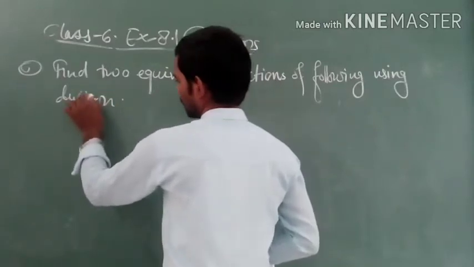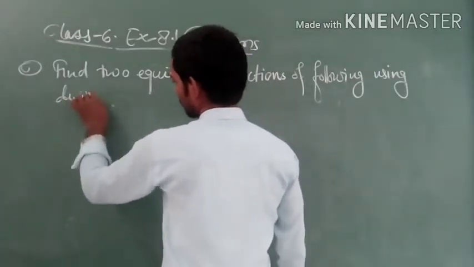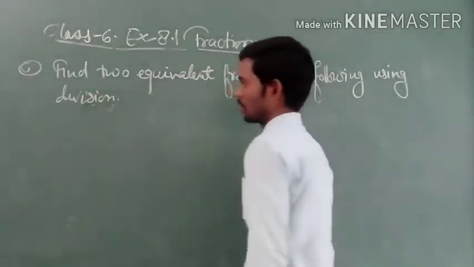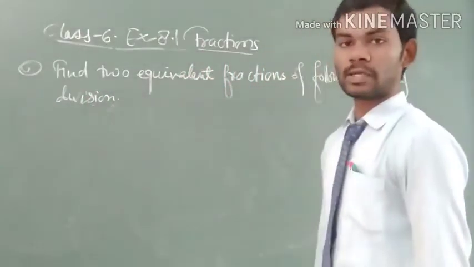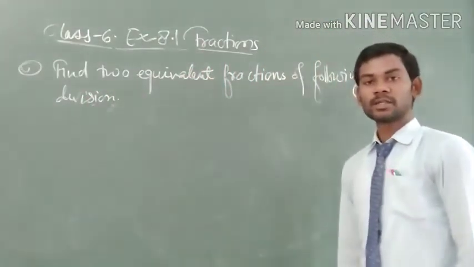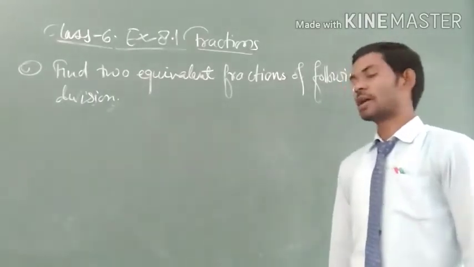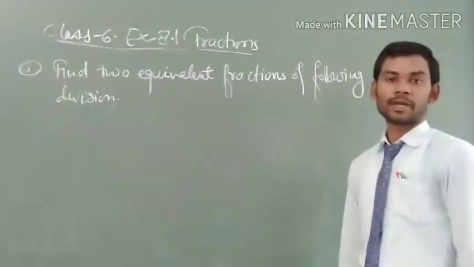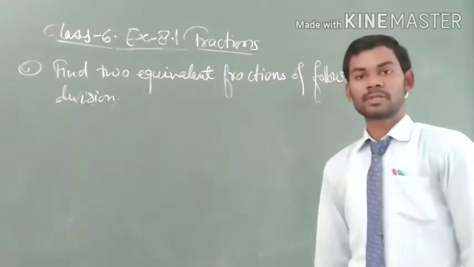Okay, using division. We have already discussed finding the equivalent fraction by multiplication, but today we shall learn how to find the equivalent fraction of a given fraction by division.